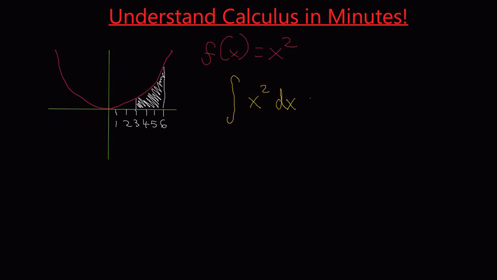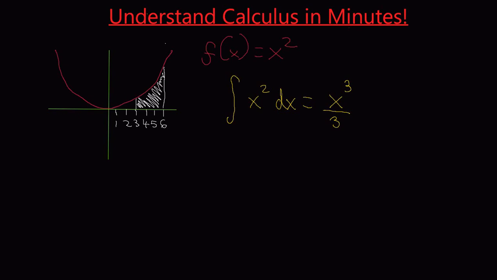We can say that we add 1 to the exponent here for this function, and then we divide it by whatever this new number is. This is not perfect mathematics, but we're just learning, we're intuiting what calculus is doing for us.